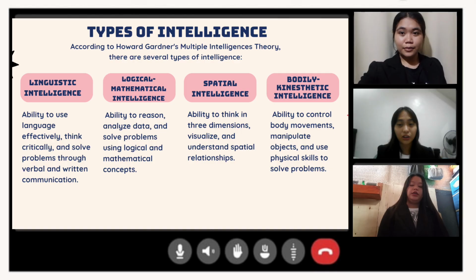The fourth is bodily-kinesthetic intelligence, the ability to control body movements skillfully, using hands or the whole body to solve problems, create products, or express ideas. The example is a dancer, athlete, or surgeon who uses body perception and coordination to perform complex physical tasks.